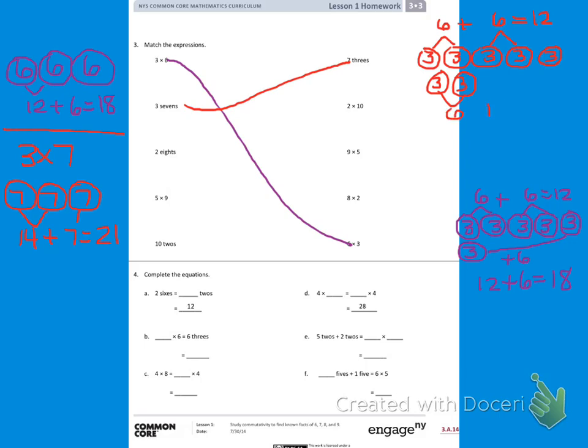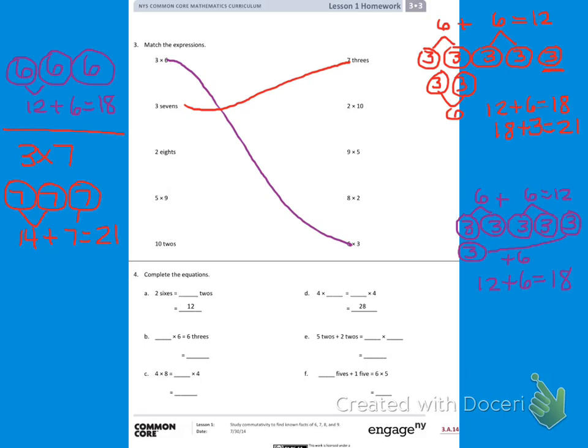So that's 12 plus 6 is 18. And then we have to add this final 3. 18 plus 3 more is 21. So indeed, 3 groups of 7 equals 21, and 7 groups of 3 is 21. Now you match the final 3 expressions with the correct mate.